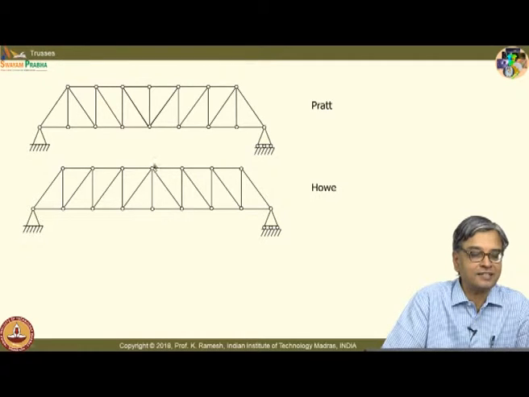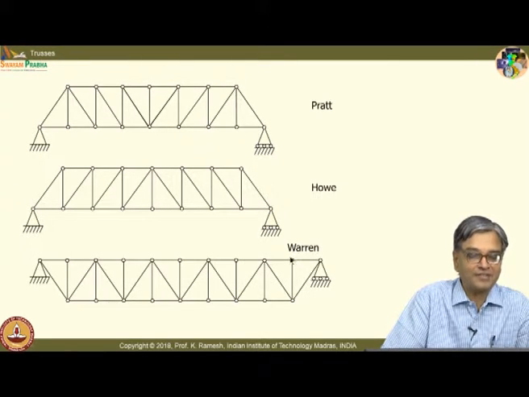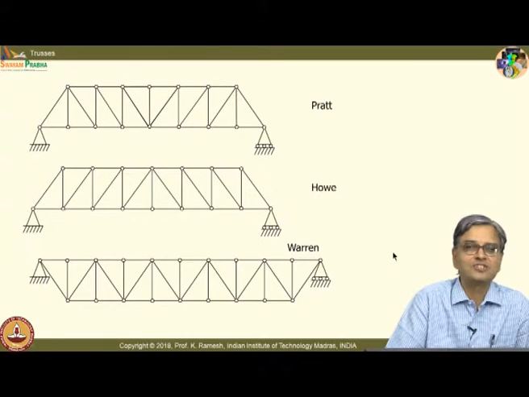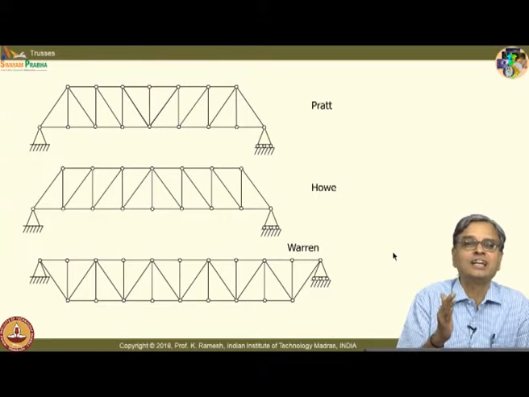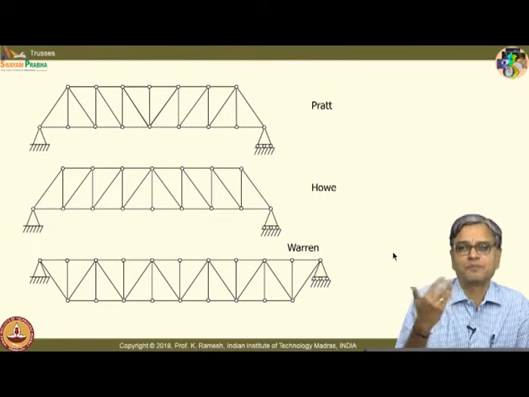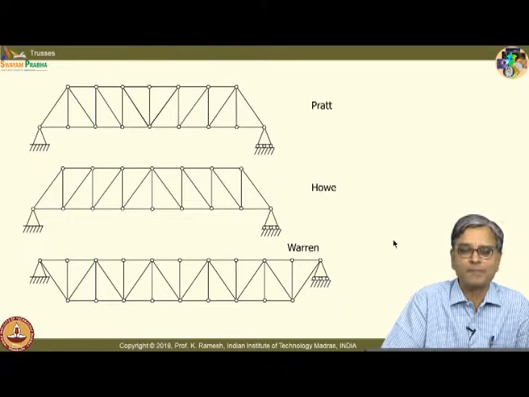The central member is, instead of put down, put up. It is called a Howe truss. And I have a combination of these two. I call it a Warren truss. So, it is all basically an array of triangles arranged in different ways for different applications. Also from the point of view of appearance, symmetry, beauty, all these aspects also go into these.